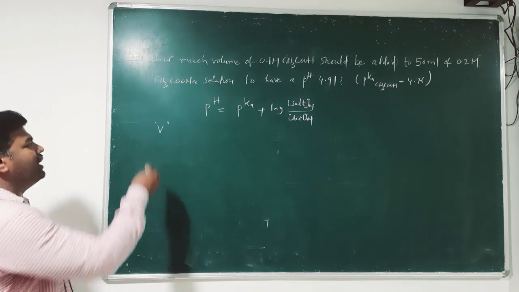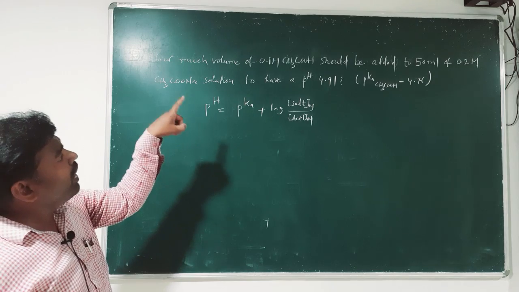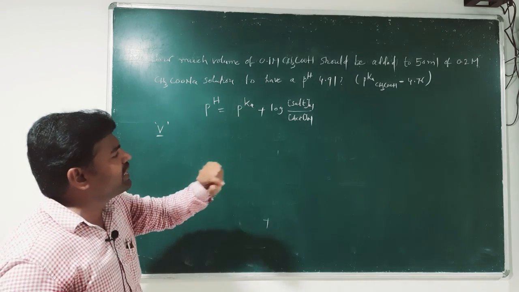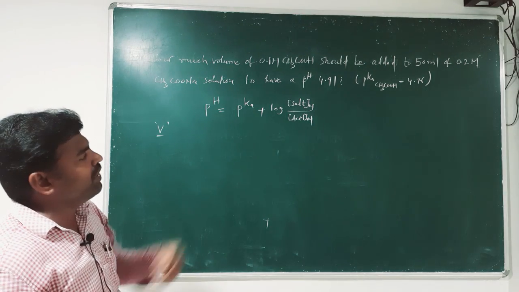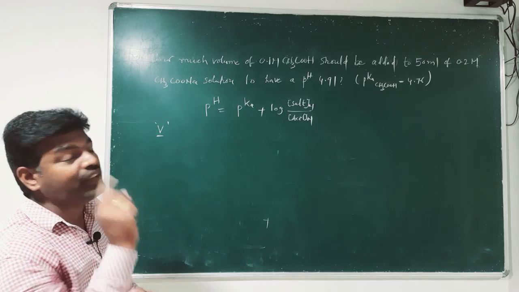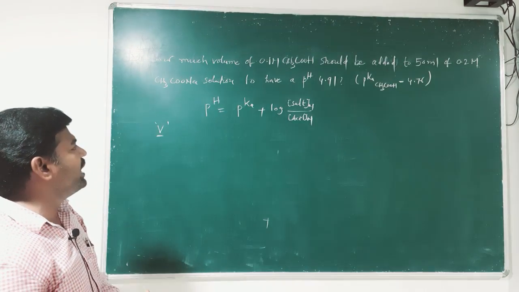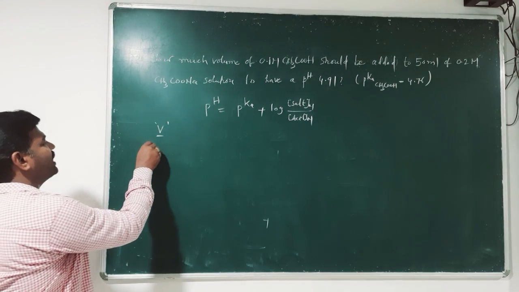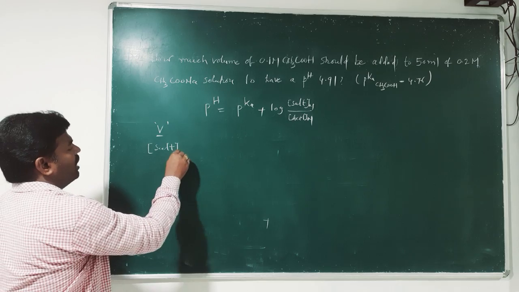To calculate the volume, we should know the acid concentration and the pK value. They give the pK value and the pH value, but they don't give the volume of acetic acid to be added. So first we should calculate the concentration of salt.